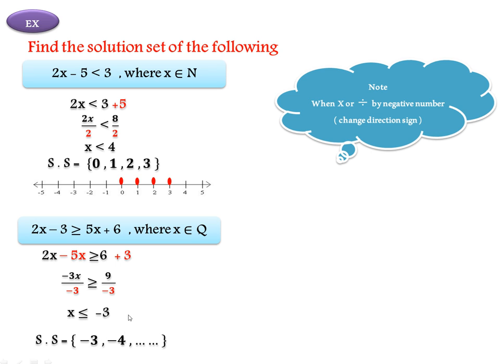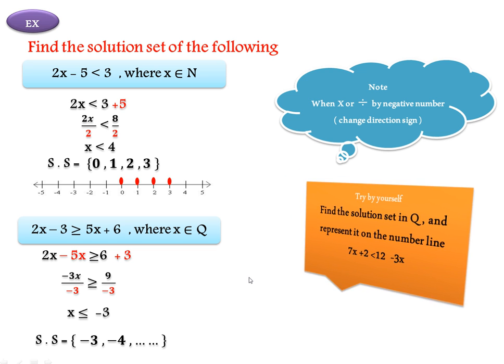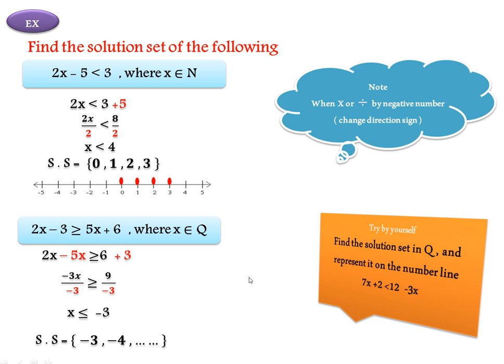The solution set is negative 3, negative 4, negative 5, and so on. These numbers make the inequality true. You can draw it by yourself.